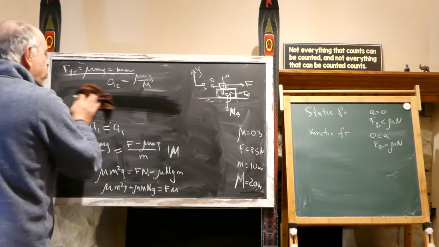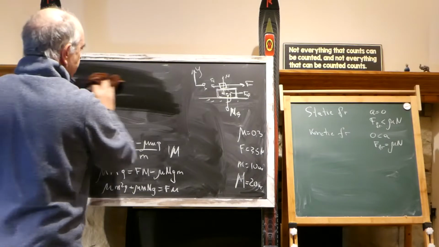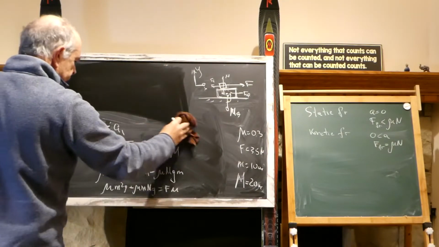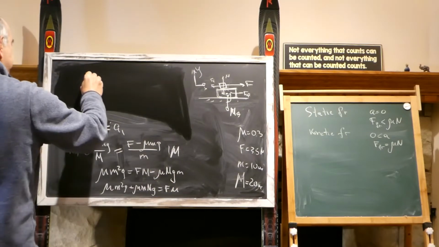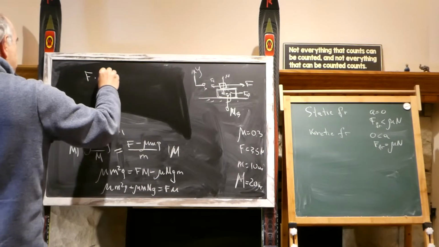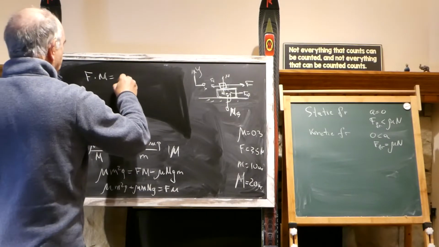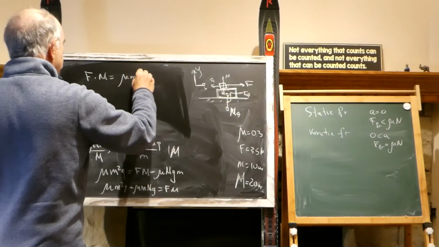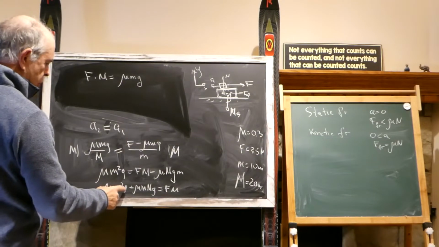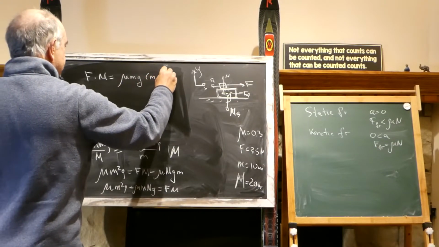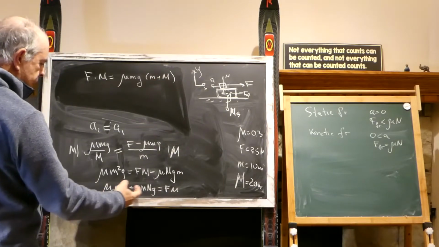Now I move up because I don't have room here on this small board, right? And I say fm, I write it first, and here I factor what is common, mu mg, and from this I have m, and from this I have m capital, right?